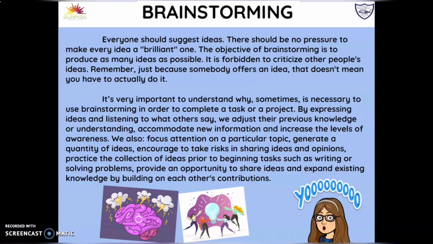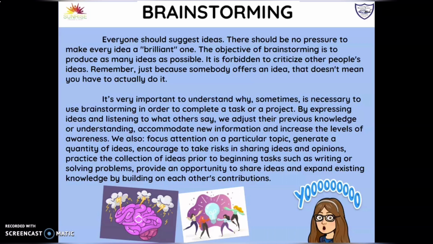It's very important that you understand that brainstorming gives you time to collect ideas before actually finding out what you're going to do to solve that problem or create that project. It's like a step-by-step of the task that you're going to have to do before doing it.